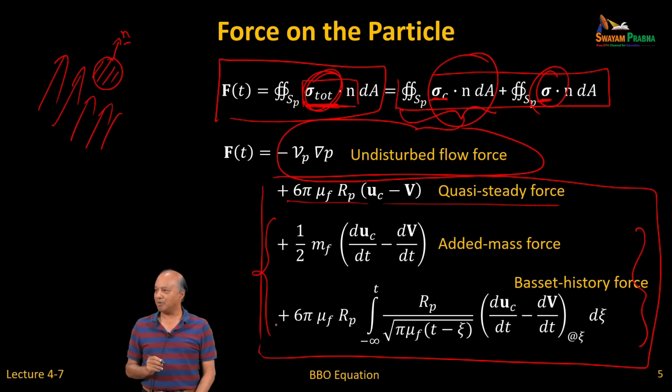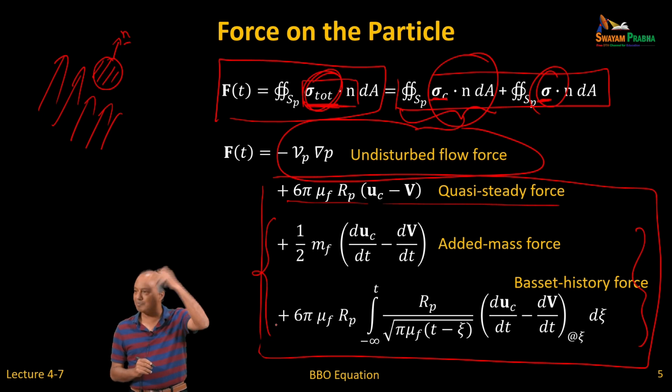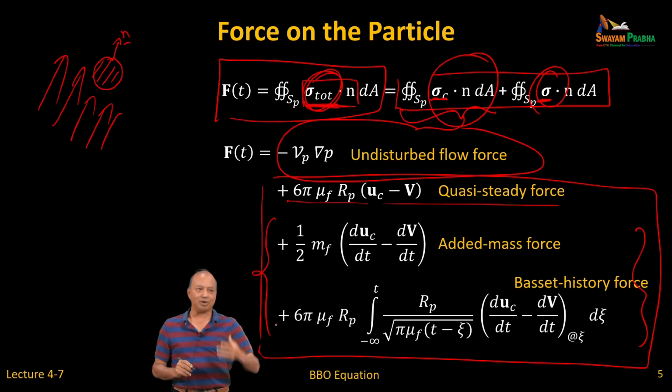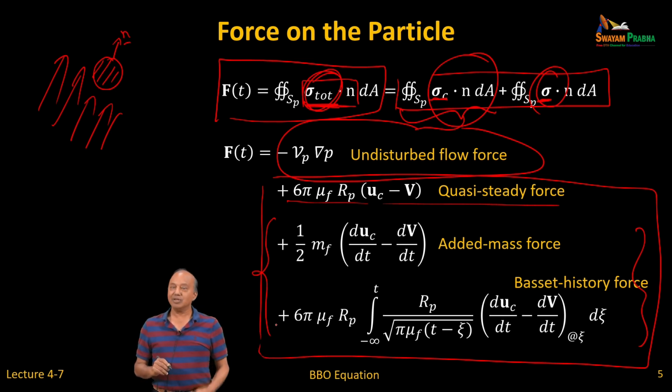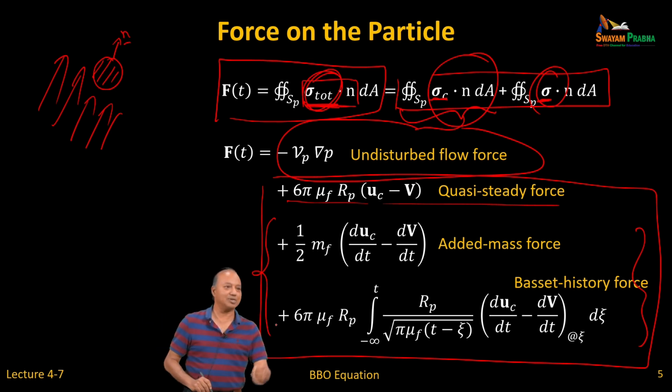Or you have a propeller, and your flow is periodically changing, or a pipe flow where your flow is oscillating. Then you have to say, okay, my flow is unsteady even without the particle. Therefore, there may be additional forces, called added mass and Basset history forces.